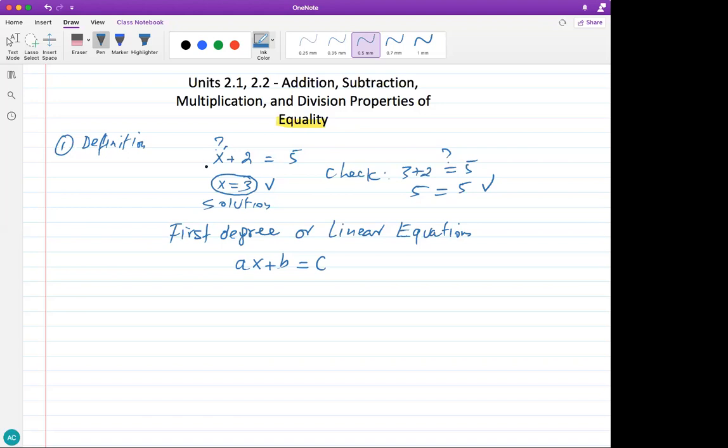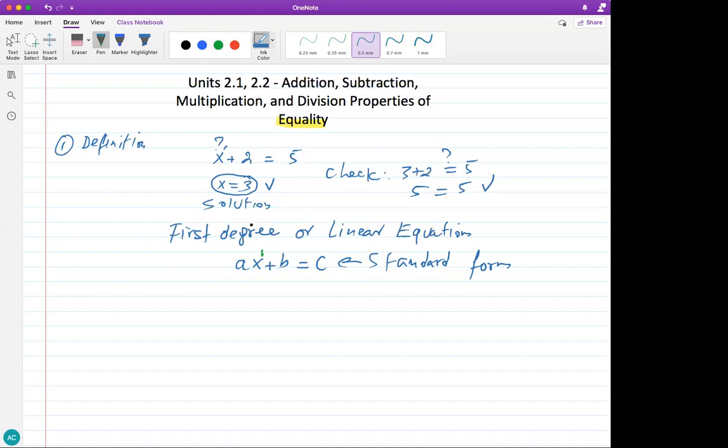The visible coefficient here is 1, so 1x plus 2 equals 5. This is what we call the standard form. The standard form follows first degree equations, and again, the power must be 1. If it's different than 1, then it's not a first degree or linear equation, it's a different type of equation.